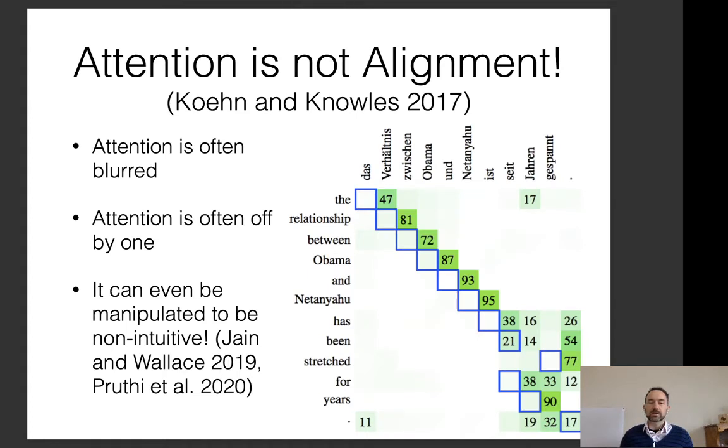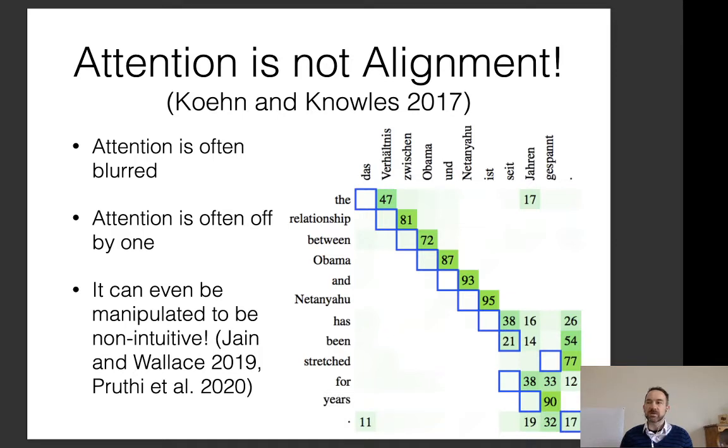So attention can often be blurred, like the period example I've shown here. It's also the case that if you have a poorly trained or incompletely trained model, attention may be off by one, or may even just attend to the final word in the sentence. So it's not necessarily the case that the attention values that you're looking at actually correspond to any alignment between the source and target sentences.